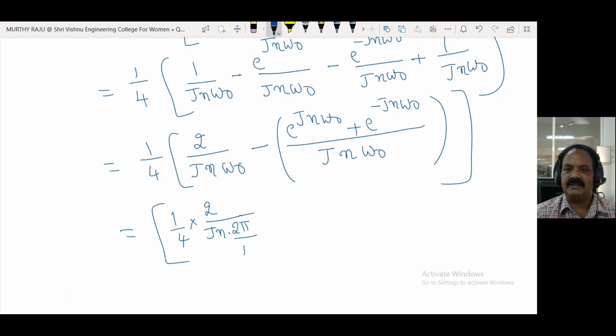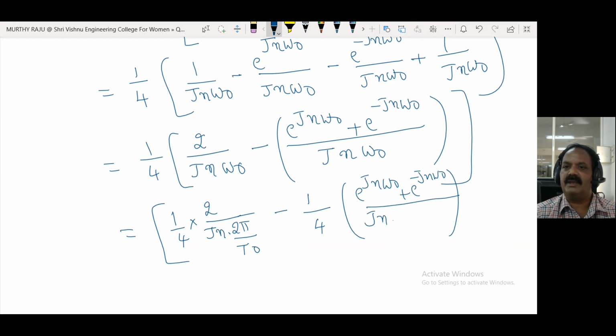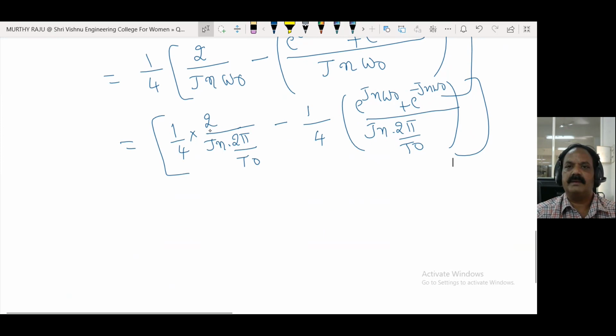Here T naught is 4. Minus 1 by 4, e power j n omega naught plus e power minus j n omega naught by j n omega naught, where omega naught is 2 pi by T naught.